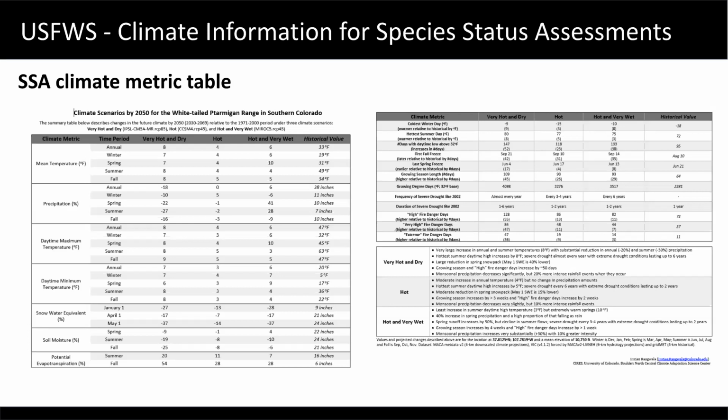that's a conversation really between the lead biologist, the SSA core team, and also outside experts to try to determine which climate metrics may be the most impactful on the future condition of whatever the species under study is. And in this case, for the ptarmigan, you can see there's a lot of different metrics here that were thought to be potentially important.